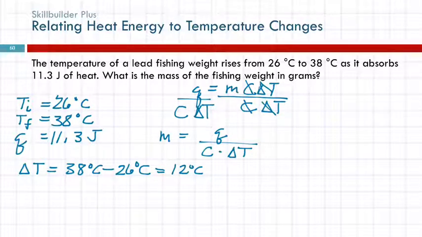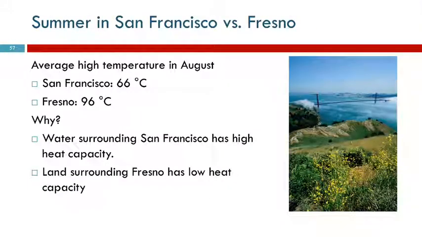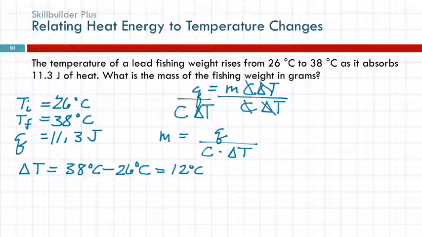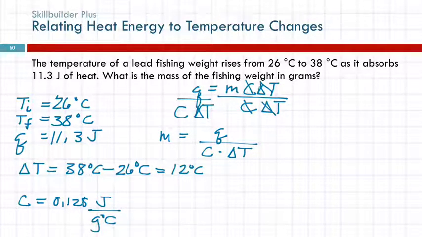What am I missing? I'm missing the specific heat capacity, C. I was told it was a lead fishing weight, so I can go look this up. I need the specific heat capacity of lead, 0.128. So C equals 0.128 joules per gram degrees Celsius.